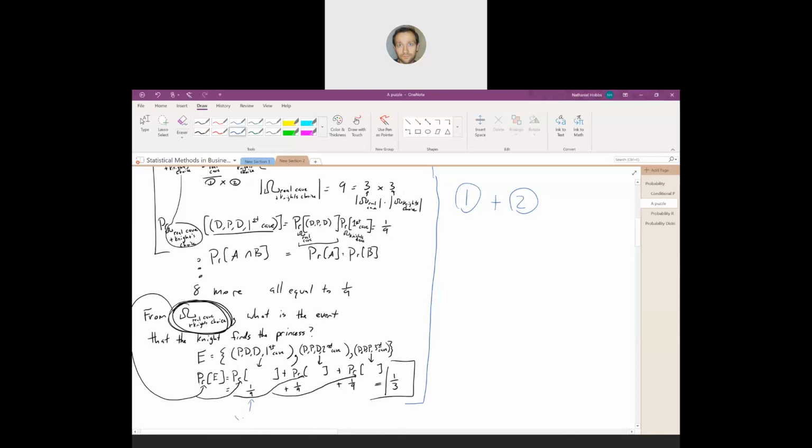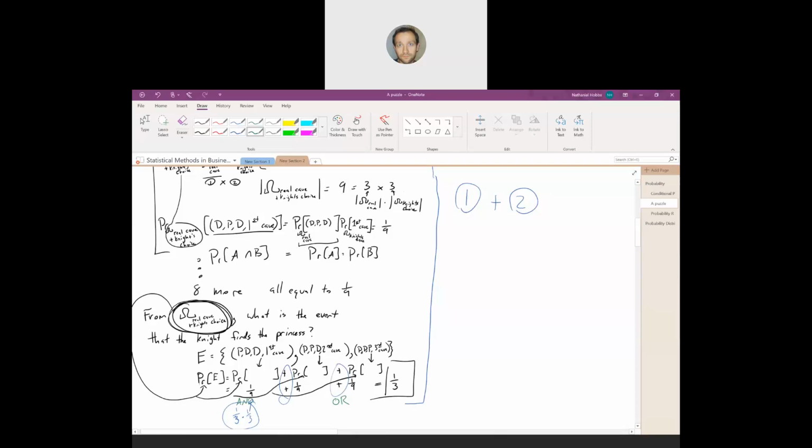This was 1/3 times 1/3. Later, though, we're also adding. So we're multiplying probabilities, and then we're adding probabilities too. So how do you know which one to do? The rule is that pluses correspond to ors, and multiplications correspond to ands.